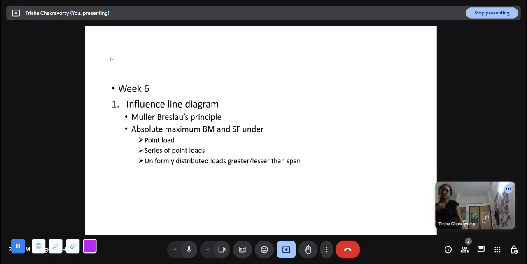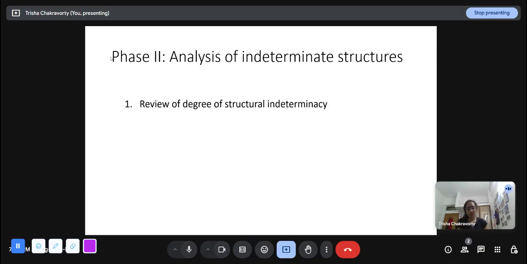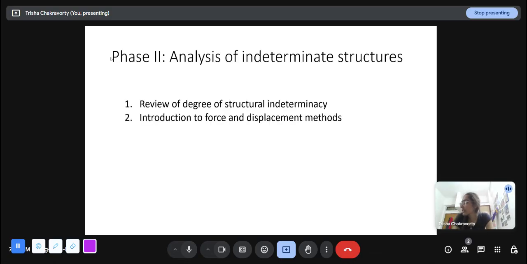Phase 2, the last 6 weeks, are about analysis of indeterminate structures. Some of the basic topics are review of degree of structural indeterminacy, which includes static and kinematic indeterminacy, and introduction to force and displacement methods.